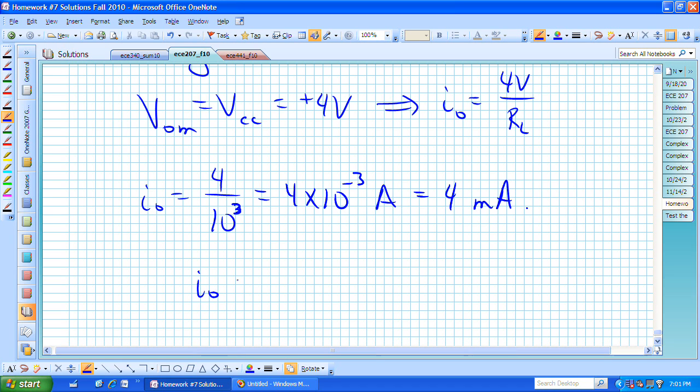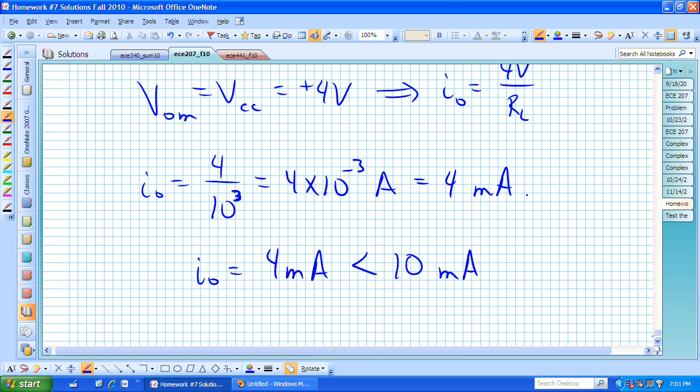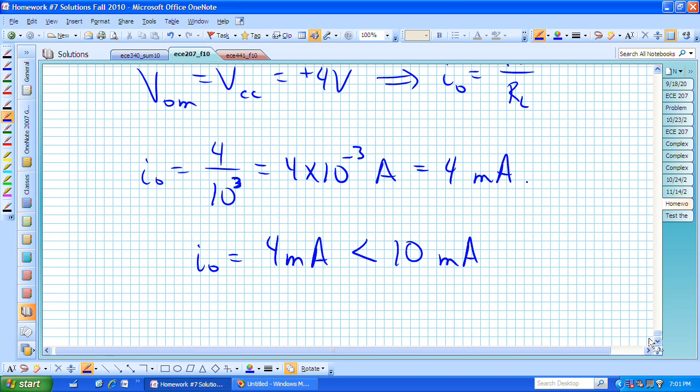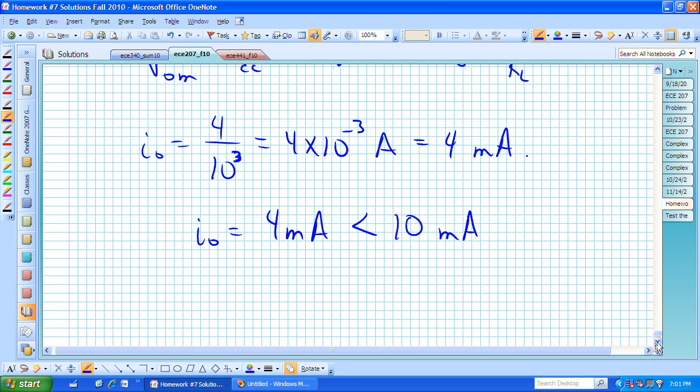Well, the I sub 0 that we're asking our circuit to produce, 4 milliamps, is significantly less than what we can give, so we're not asking the garden hose to put out more than it can deliver.